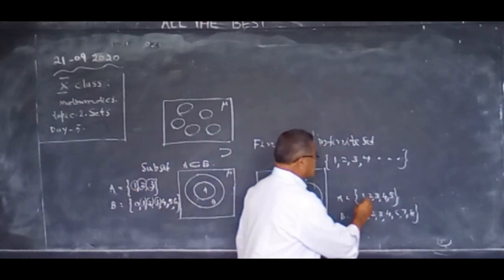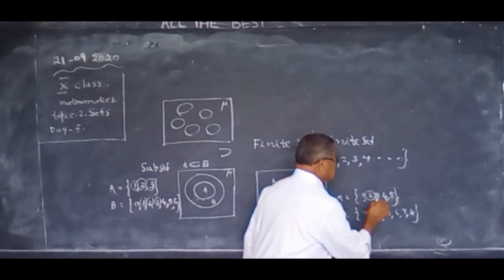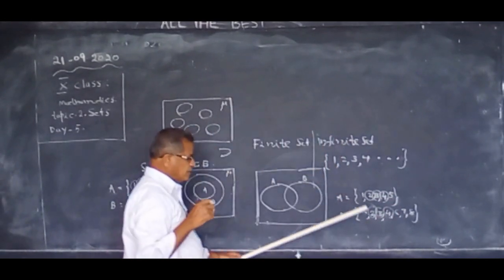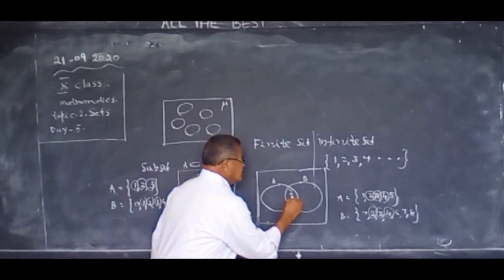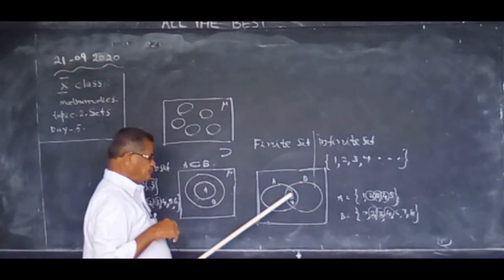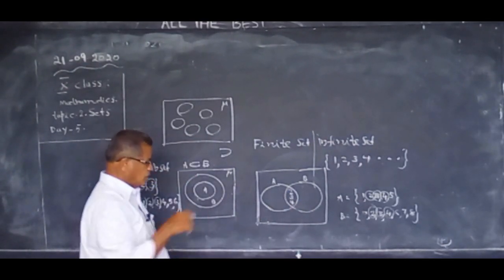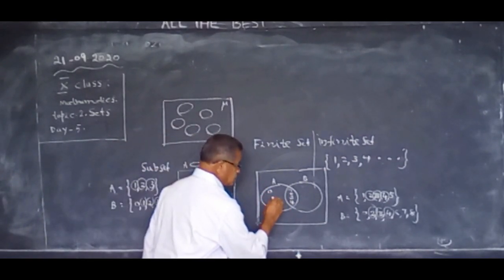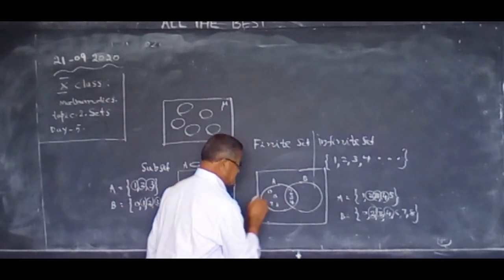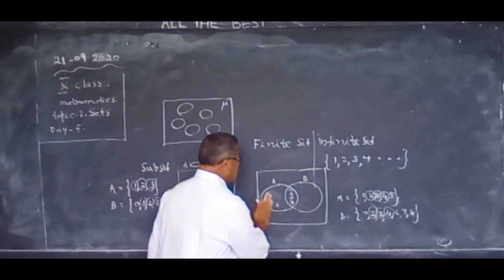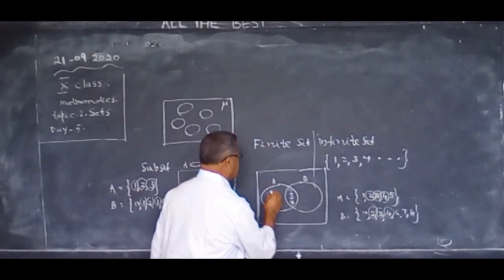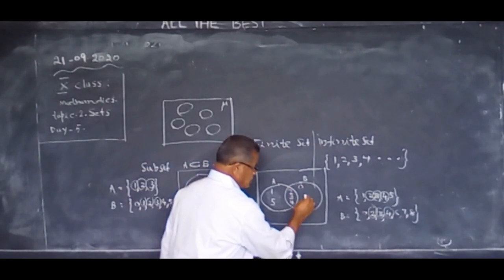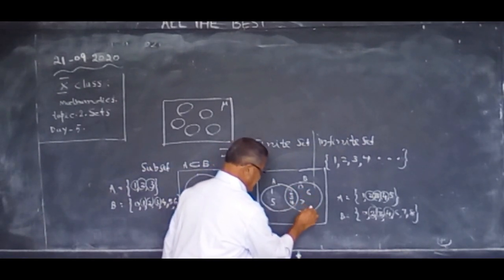What are the common elements here? 2, 3, 4. So you write here 2, 3, 4 in the common part, and this is 0, 6, 7, 8. Here in set A only 1, 5. Set B only 0, 6, 7, 8.